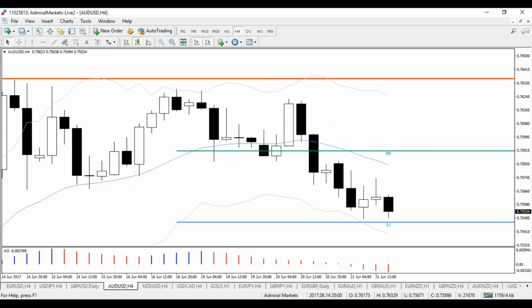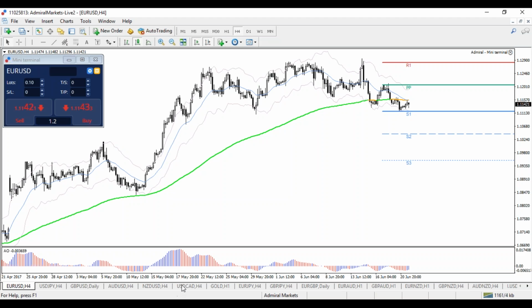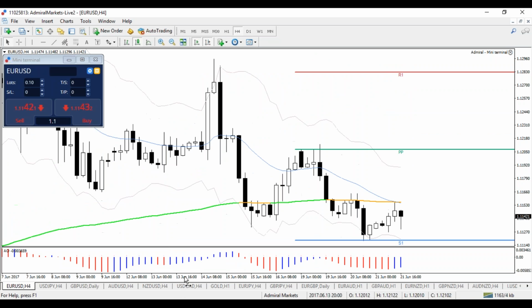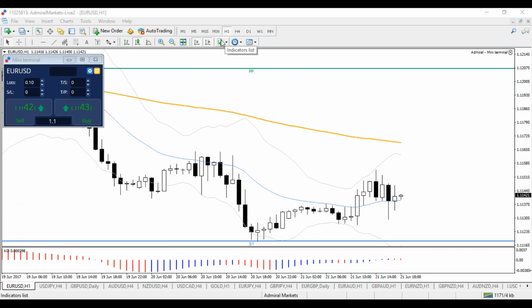So that's one currency. Let's take a look at the euro dollar. I talked about this breakout candle yesterday too, and a retracement for more downside. Now, what I said yesterday, I kind of retracted a bit this morning. I don't know if you look at my wave analysis at all.